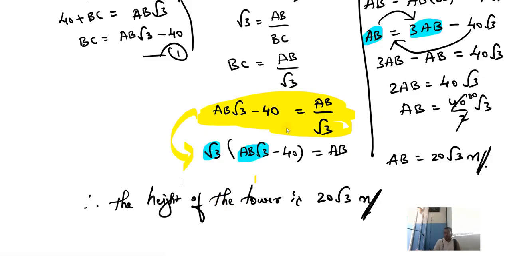Actually, first what I did here, I am cross multiplying this root 3 with this. So I have written this term outside. When we cross multiply, it becomes root 3 into this. Root 3 will multiply with all these terms. Clear? Understood?